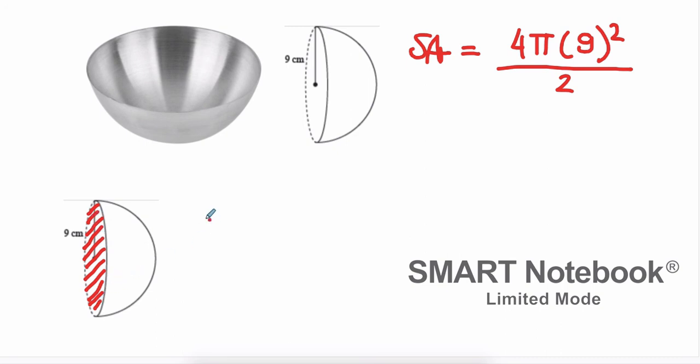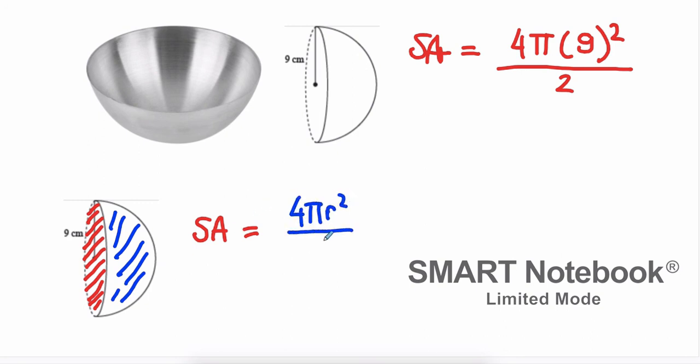So don't forget, if you're asked to find the surface area of this one, you will need to find the surface area of this hemisphere. So that will be 4 pi r squared divided by 2, the same as the one that you just did just now, okay? That's the hemisphere part. However, then you have to remember, I need also materials for the circle here.